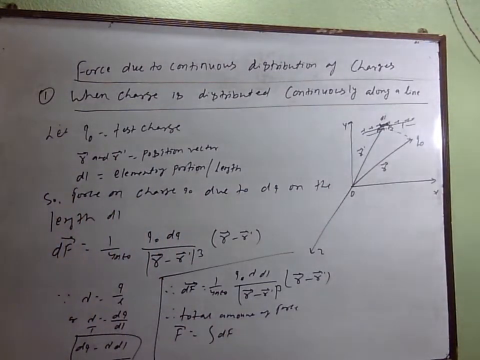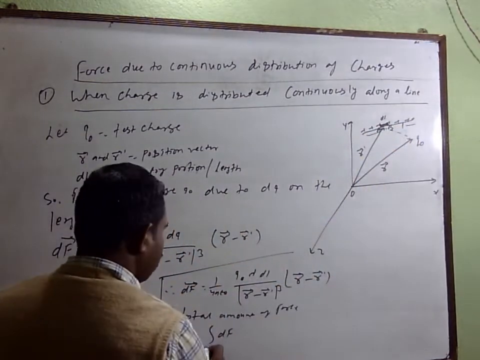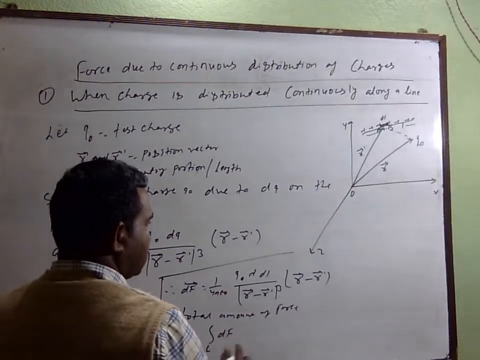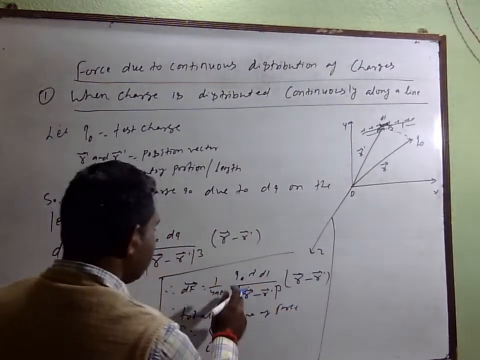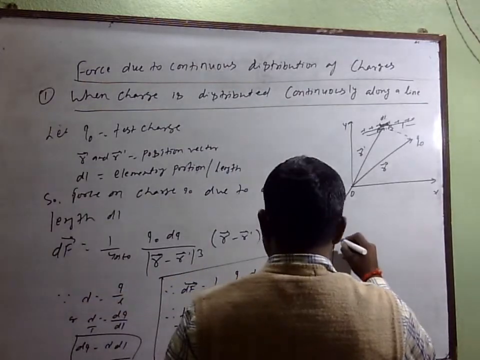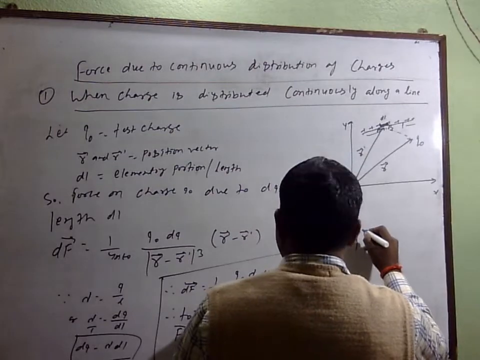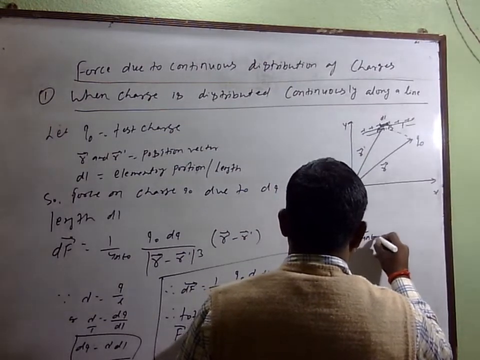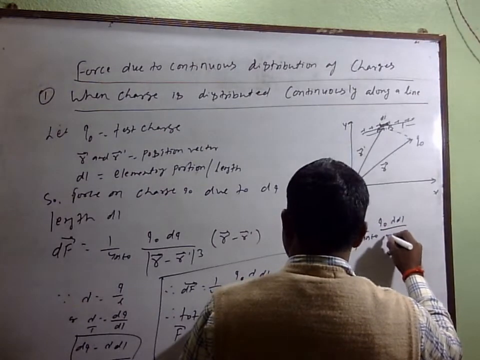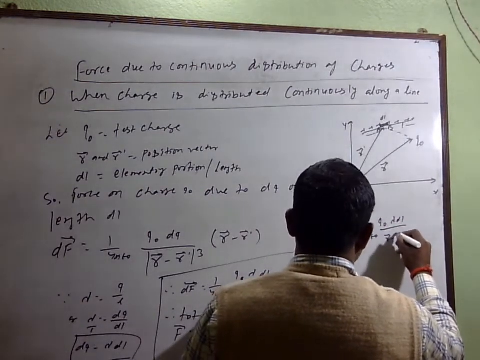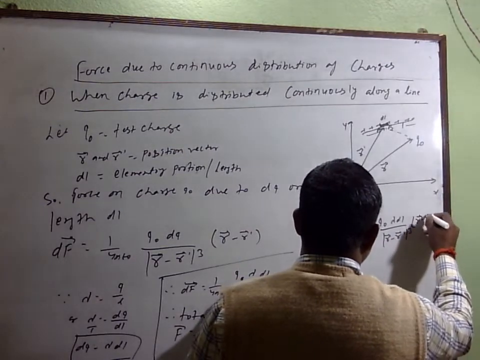So you can write these ones, and you know that this is the linear charge density, and suppose L is the total length. You can put this value of df, so vector F equal to integration of 1 by 4 pi epsilon naught q naught lambda dl divided by mod of vector r minus r dash cubed into vector r minus r dash.